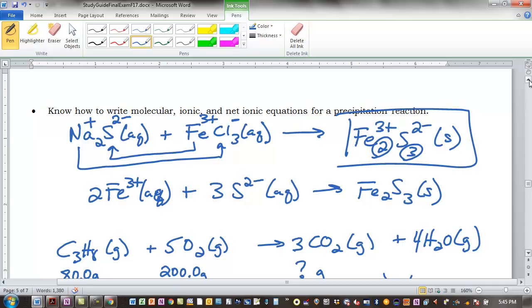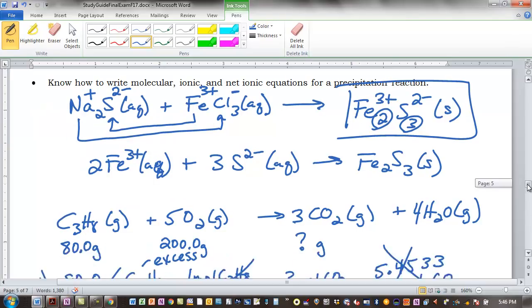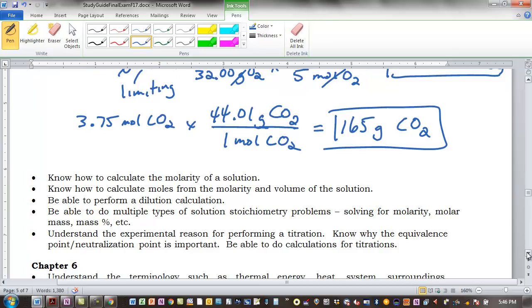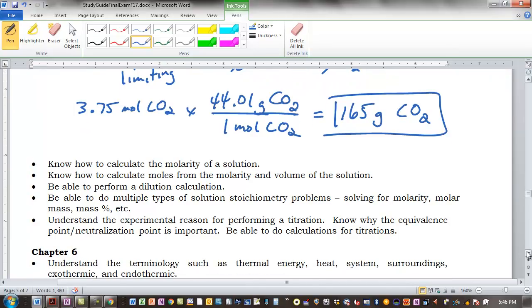Chapter 4, solution stuff, molarity, dilution, solution stoichiometry. Are you going over that next time? Yes. Yeah, so it's essentially molarity, dilution, solution stoichiometry that's left in Chapter 4.